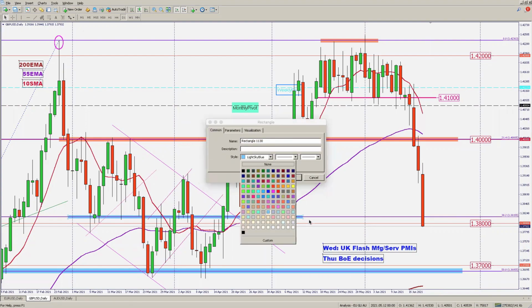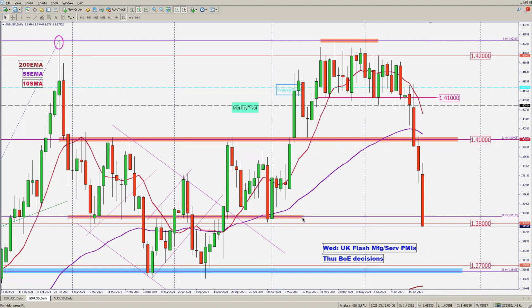Now it's fallen below that. Let's include this here. All right, it may not be a strong one. We'll see if it's able to bounce up to retrace a bit higher. But support is clearly at the 50 fib.